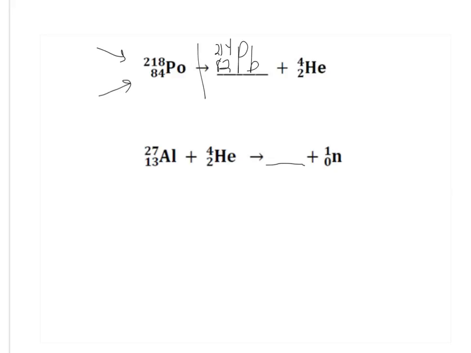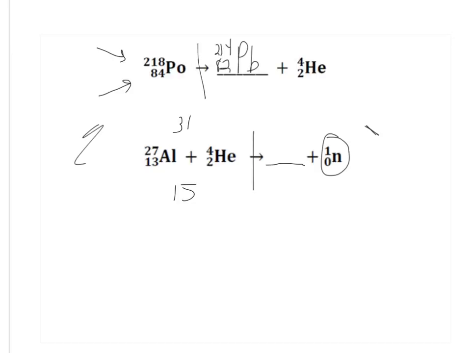Okay. So here I'm going to make sure I find my arrow. This side has to equal the product side. This is a neutrino particle right here. They still have to balance out. So over here, total 27 plus 4, 31 is my total mass number, and down here 15 is my total atomic number.